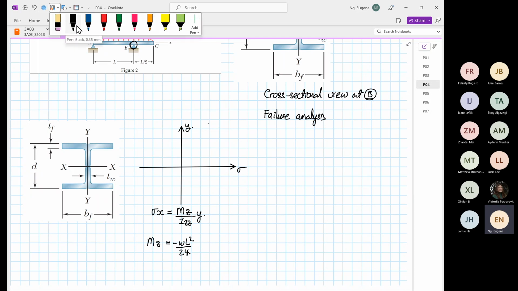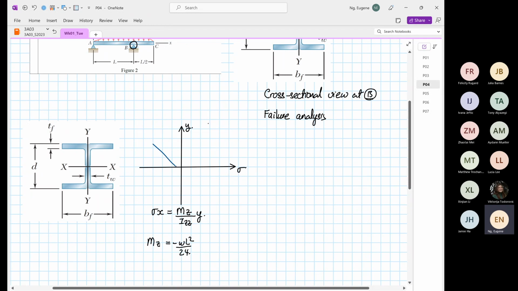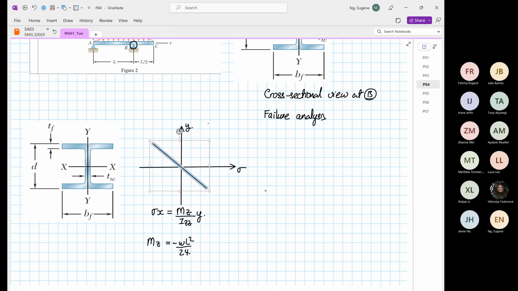The normal stress distribution will look like this. I'm just eyeballing this.